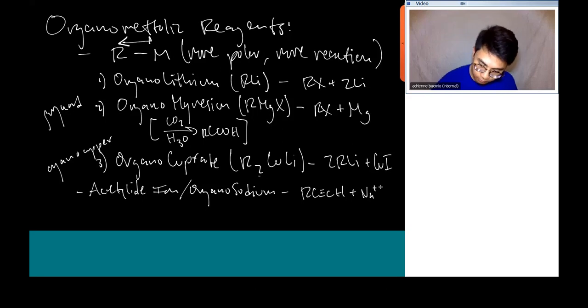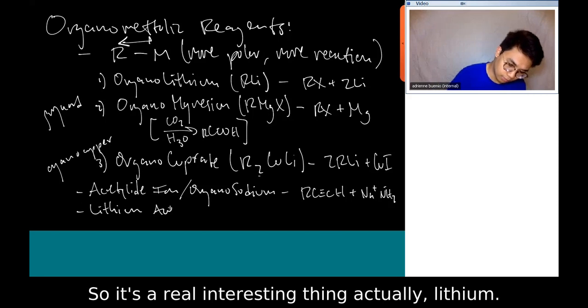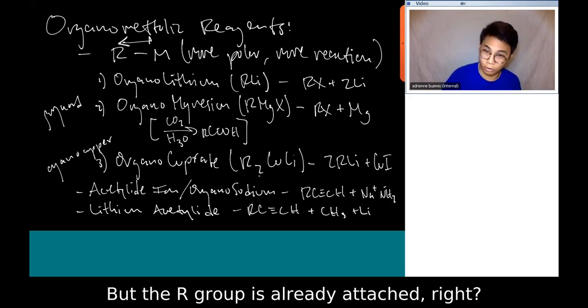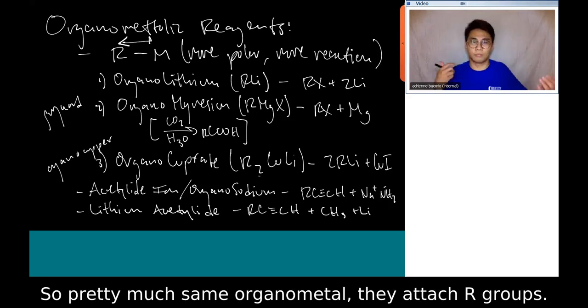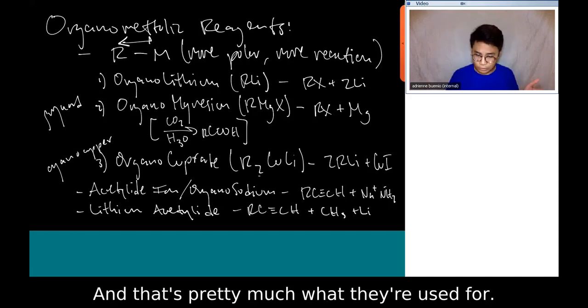Then another one is lithium acetylide, pretty much the same thing, but with lithium. They are organometals that attach R groups, and that's pretty much what they're used for.